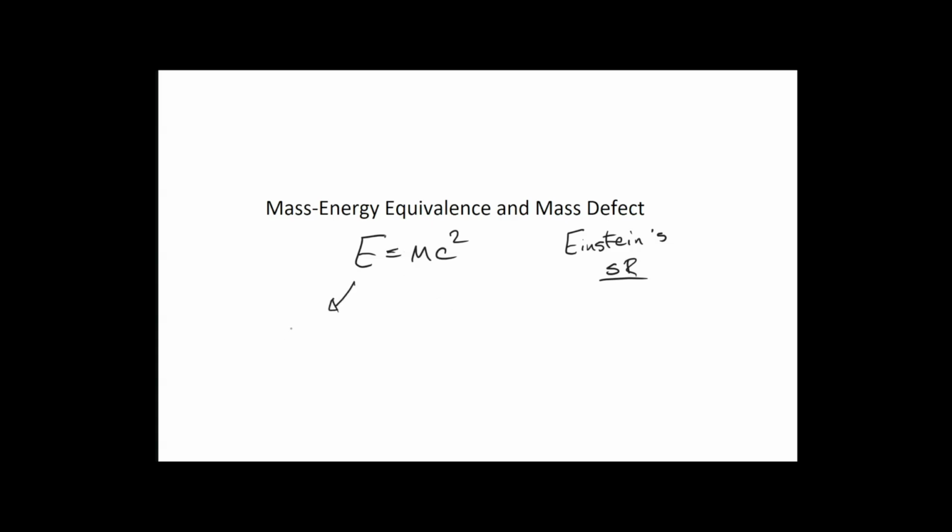So E here is energy. M here is mass. So this is the mass of the nucleus, or the nucleons themselves, really. C. What is C? C is the speed of light in a vacuum. And notice it's squared.